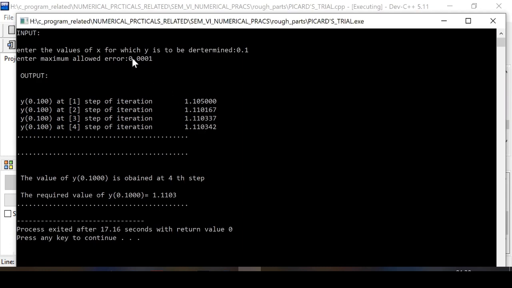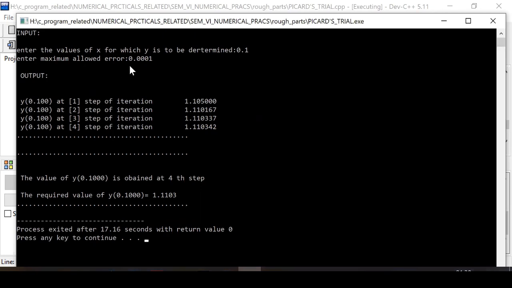What I demanded was an allowed error of 0.0001, so up to 2 decimal places this should be right. It is occurring at the third step, or at the fourth step you may say, the value of y is obtained. This is the required value of y. So it ended here.